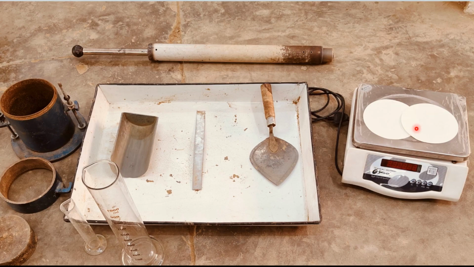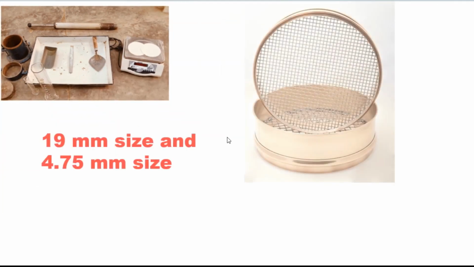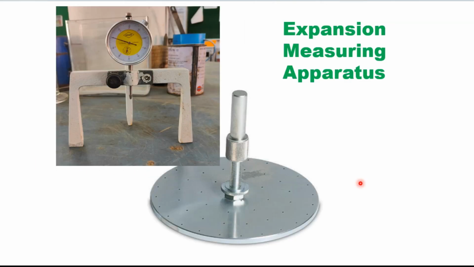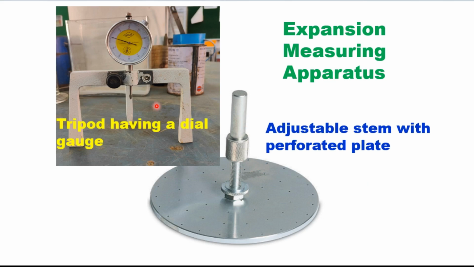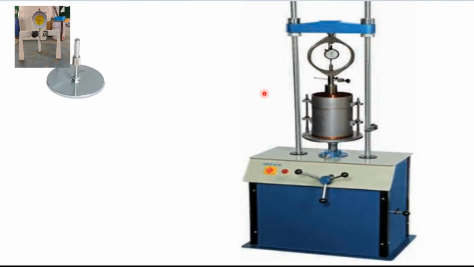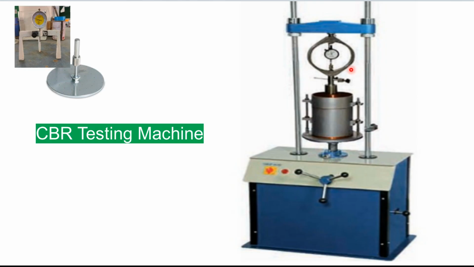You also need 2 IS sieves, one of 90 millimeter size and another of 4.75 millimeter size, an expansion measuring apparatus, an adjustable stem with perforated plate, and a tripod having a dial gauge. Then you need a CBR testing machine with a capacity of 5000 kg, equipped with a movable head or base enabling penetration of the plunger at 1.25 millimeter per minute.